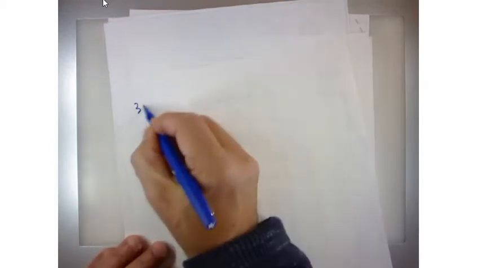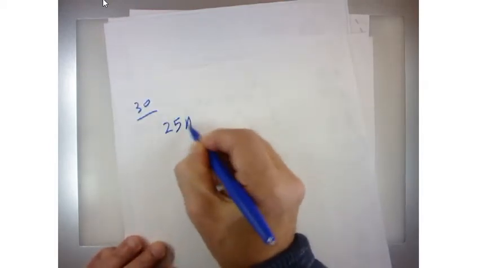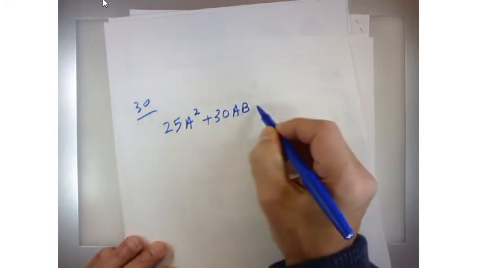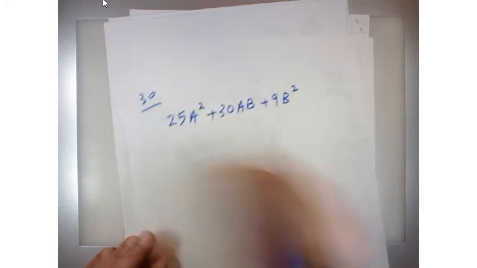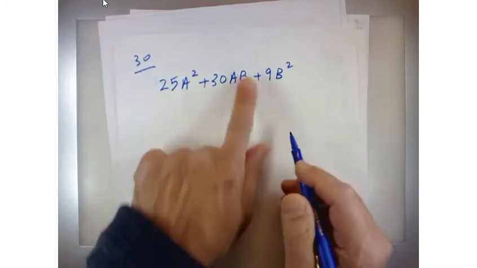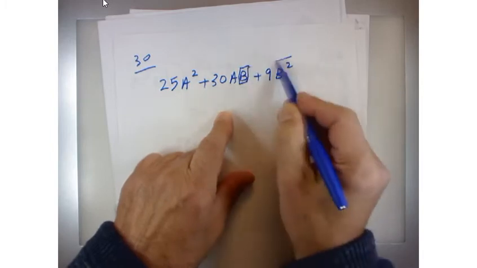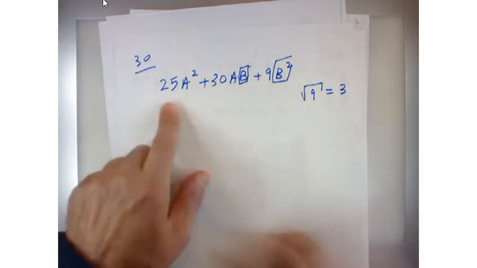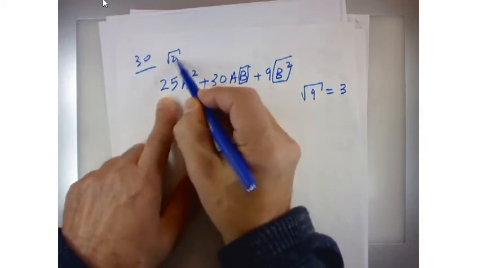Number 30, 25a squared plus 30ab plus 9b squared. It's a trinomial in descending order, but there's two letters. So if you forget about the b like we usually do, square root of 9 is what? 3. And since this has a 25, square root of 25 is 5.